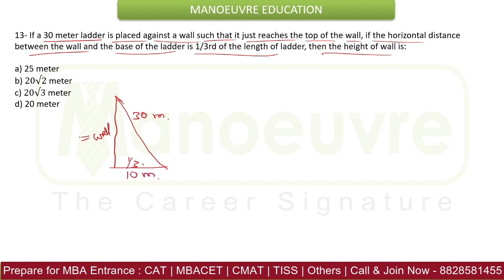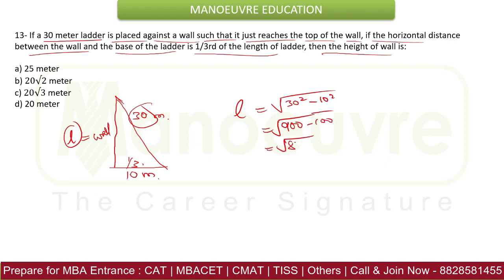Let's say the length of the wall is L, so L will be equal to the square root of 30 squared minus 10 squared, because this is the hypotenuse, so it will be minus. 900 minus 100 is the square root of 800, that is the root of 400 into 2, so that will be 20 root 2.